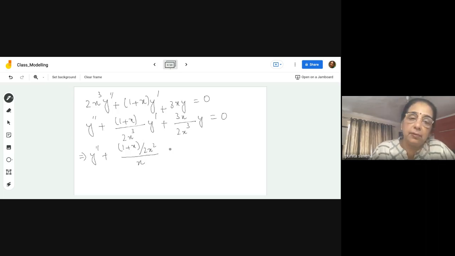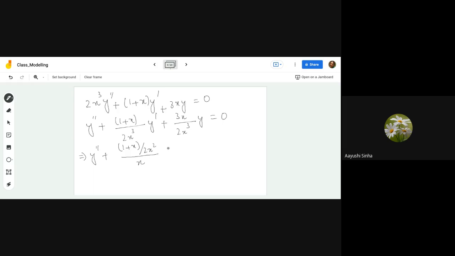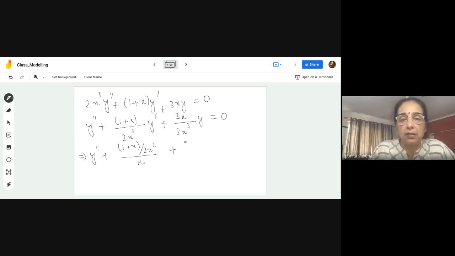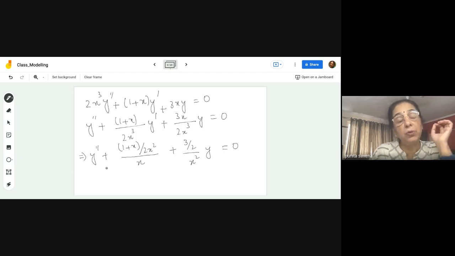You can write it like this, right? Plus 3 by 2 upon x square y equal to 0. Is this okay? Because that's what I said. This should be your first step now, because we need p, we need q. And how do we find p and q?